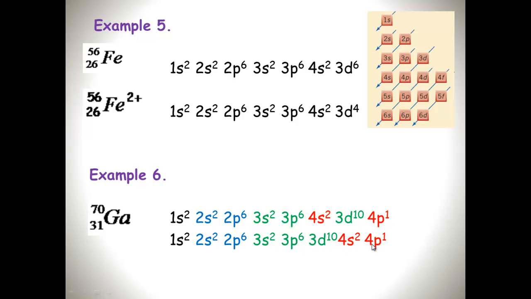You need to be very careful at this point to realise that the 4s subshell has lower energy than the 3d subshell, as it's listed here. So the 4s subshell has less energy than the 3d subshell.